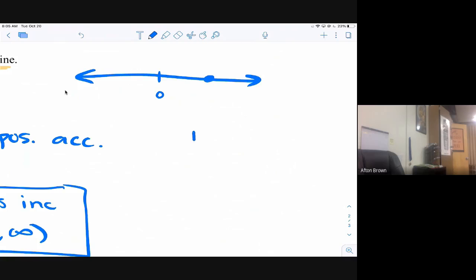So if it was here, I'm going to think of it as a positive position. And if it's moving to the right, what term am I saying? The direction that it's moving. Velocity. Do I want velocity to be positive or negative if I want to move to the right? Positive. So I need velocity to also be positive.